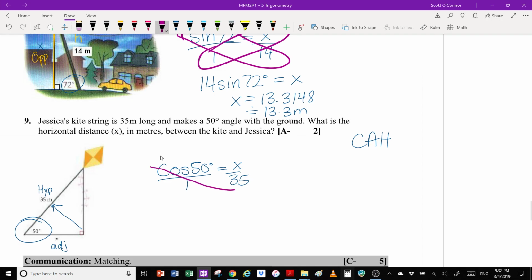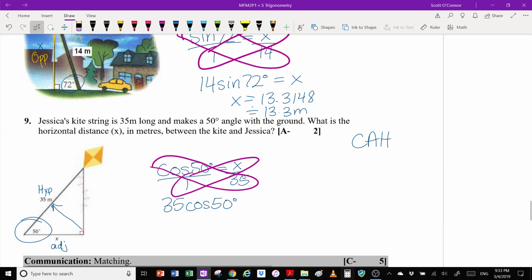So now I cross multiply, and then I get 35 cos 50. Yeah, that's just double checking that everything is right here. Adjacent over hypotenuse, so yeah, it should be x over 35, that's right.